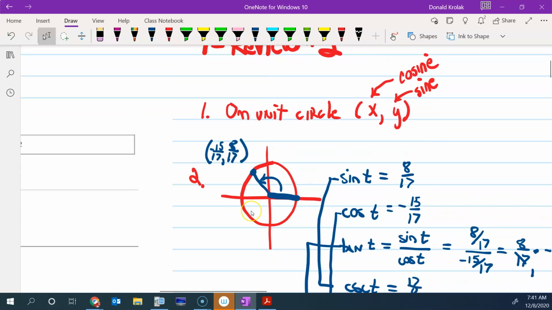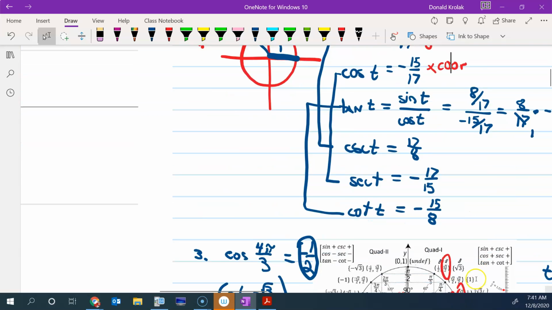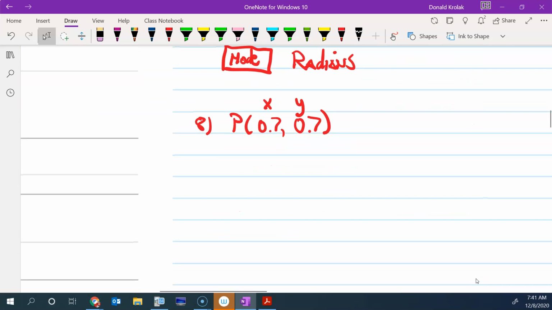The x coordinate is your cosine and the y coordinate is your sine. Right? All right, so as you're filling these in, sine of the angle, or excuse me, sine of 0.8 is 0.7. Okay, the cosine of 0.8 is the x coordinate, 0.7. Remember, this is your cosine, this is your sine.